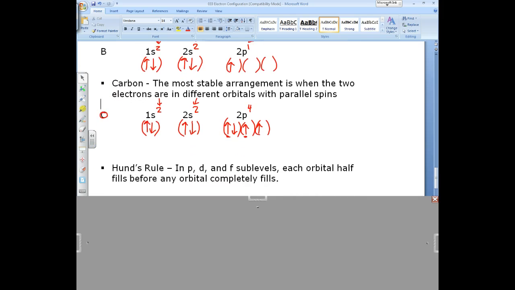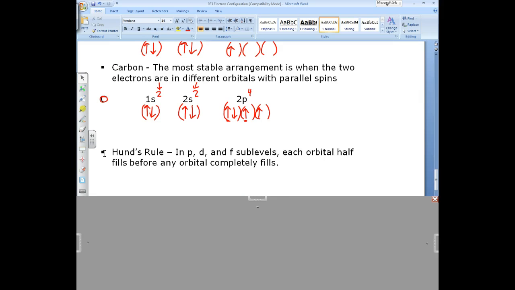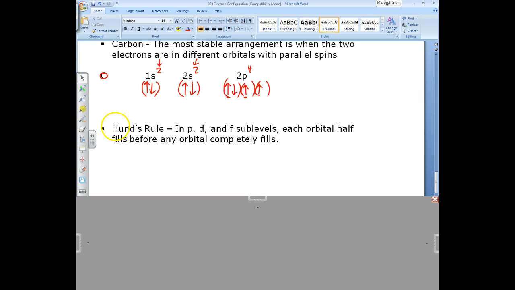And that leads us to our rule for today. It's just Hund's rule. In P, D, and F sublevels, each orbital half fills before any orbital completely fills. Now, I always want you to observe Hund's rule. How about you try iron and write its orbital diagram, pause this video cast, and then I'll put the answer here in just a second.